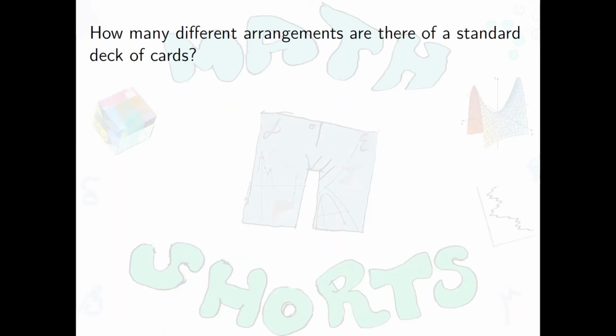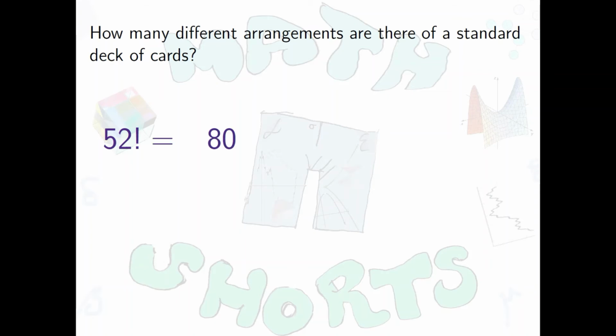Let's look at one more problem dealing with an everyday thing that leads to a large number, and then try to put our heads around that number. So we want to figure out how many different arrangements there are of a standard deck of cards. There are 52 cards in a deck. So we saw that if we want to arrange 52 things, that's going to be 52 factorial.